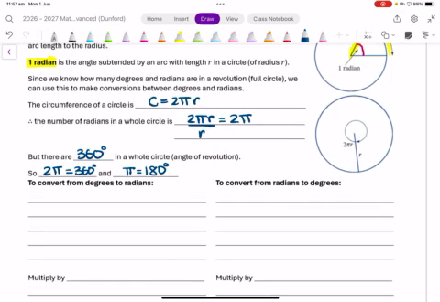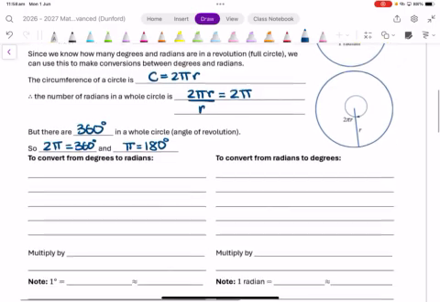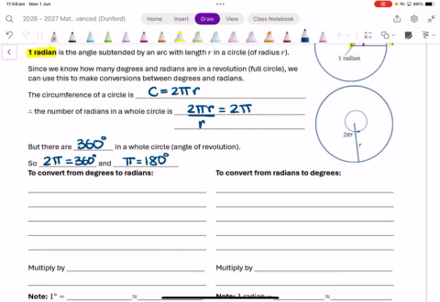So how we convert x from degrees to radians is, we have that 180 degrees is equal to pi radians. Okay, so what this means is we can find 1 degree by dividing everything by 180. So 1 degree is equal to pi over 180 radians.